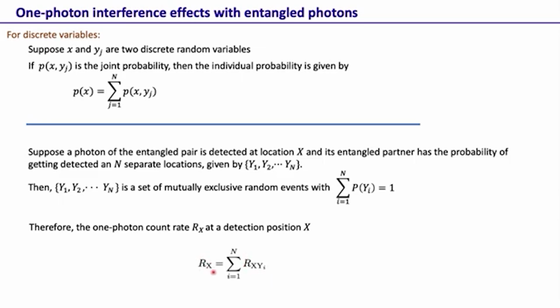So the intensity at Rx can be written as the sum of the coincidences between x and all those yi's. This comes straight from classical probability theory, and we are using it to express the intensity at individual detectors in terms of the sum of the coincidences. We will use this result in our next lecture, but for this lecture we will stop here. Thank you.